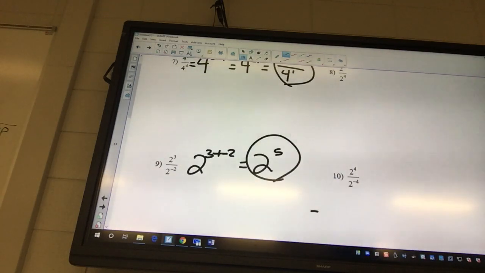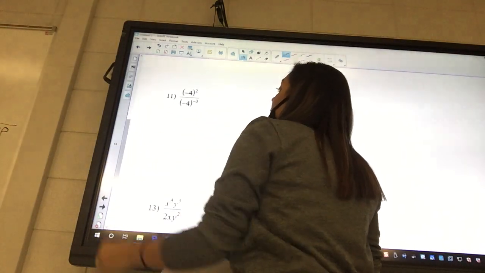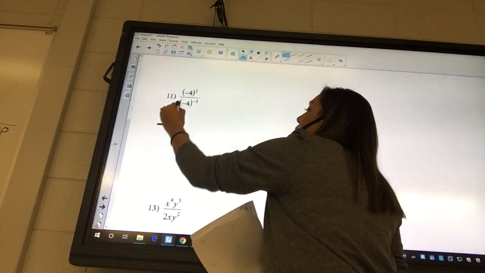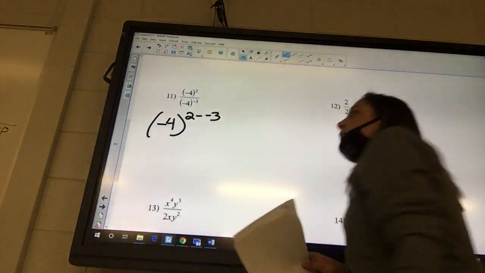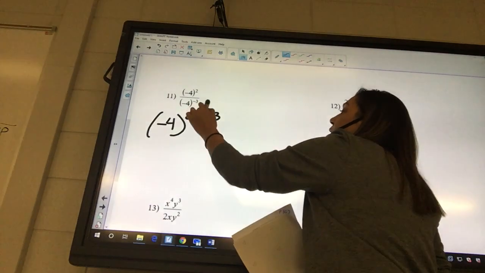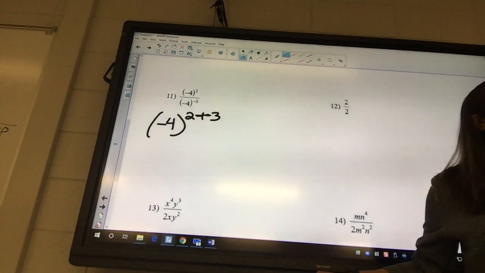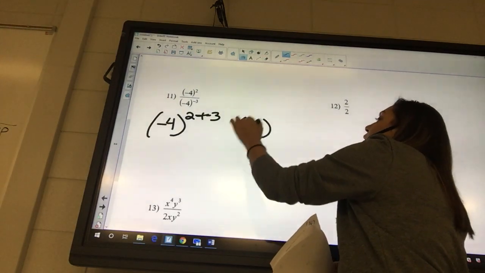Okay, look at 11. It's going to be negative 4 to the 2 minus negative 3. What's a minus minus? Plus. So 2 plus 3, 5. So it's going to be negative 4 to the 5.